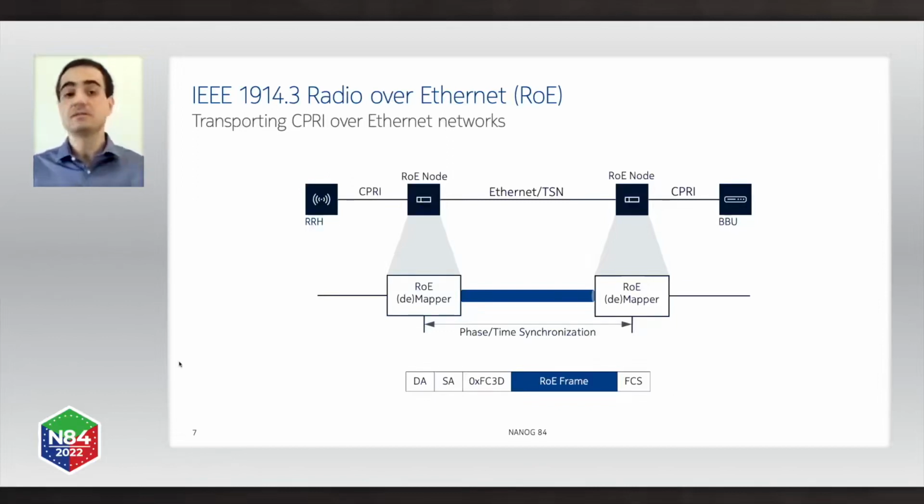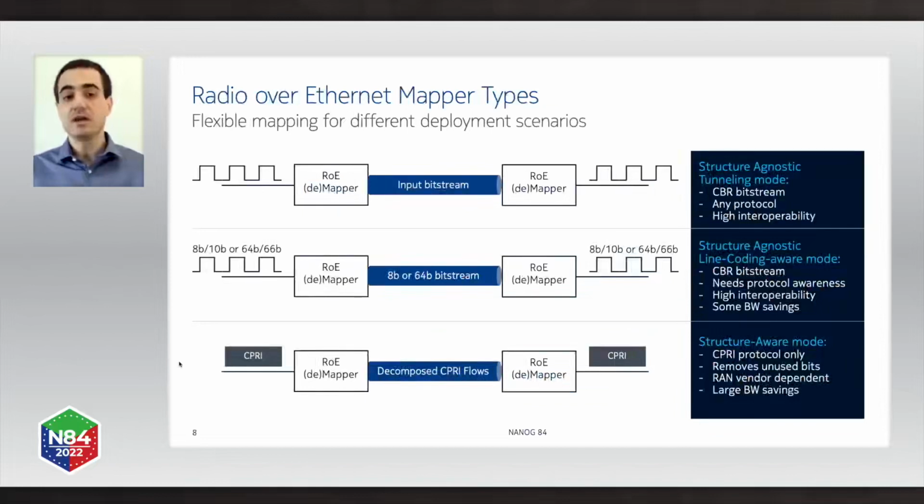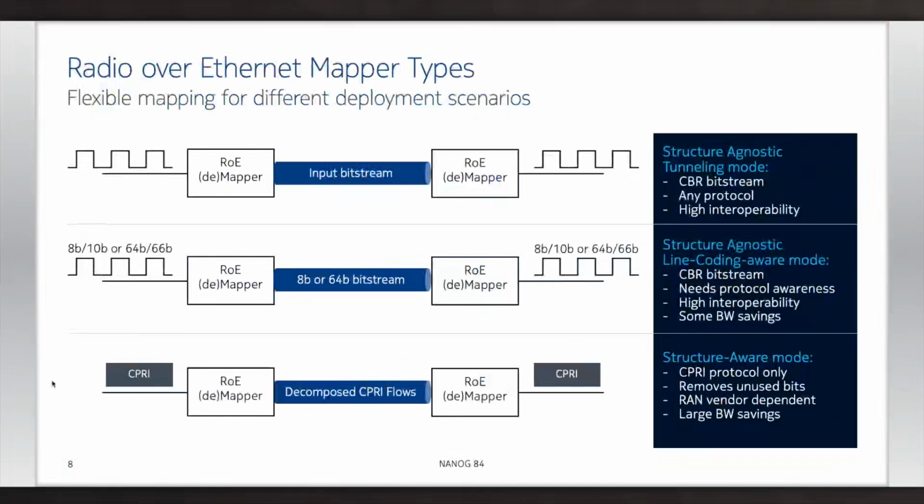So because of that, there are 3 different ways of doing radio over Ethernet. The first way is called structure agnostic tunneling mode. That means that we just look at the layer 1 signal coming into the mapper. We create a constant bit rate bit stream, and we just do a demapping function at the other end.